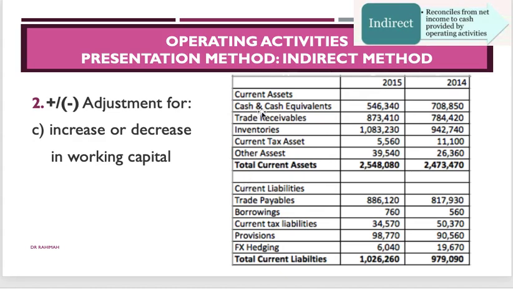This is referring to your current asset and current liability. Of course the cash and cash equivalents we do not take into account because this is the one that we are calculating.